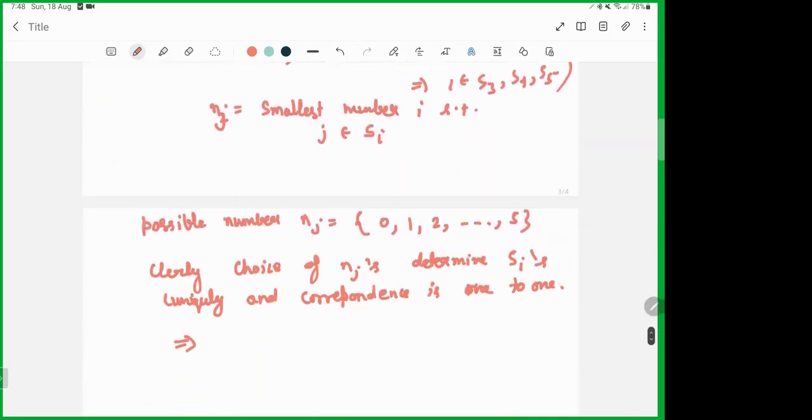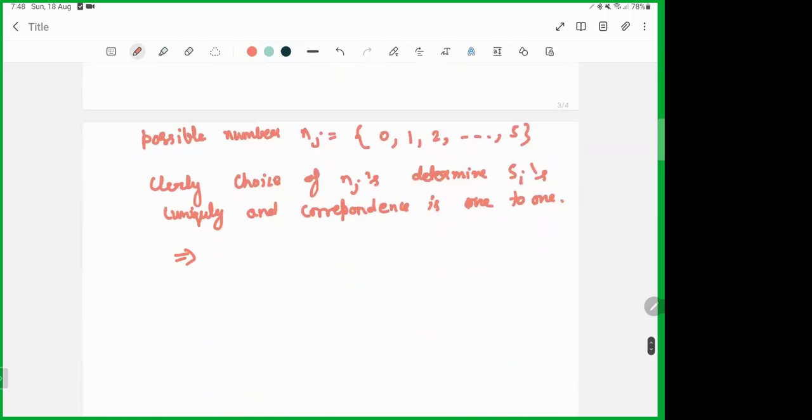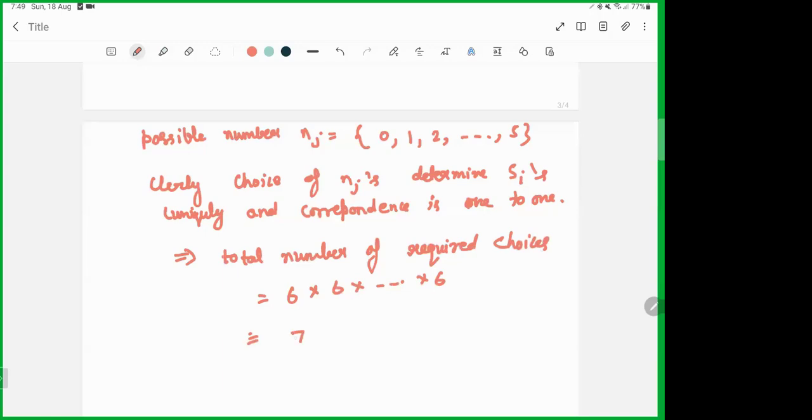The total number of required choices is six on the first slot, six on the second, and so on, five times. So this is 7776, I guess. Is it clear?